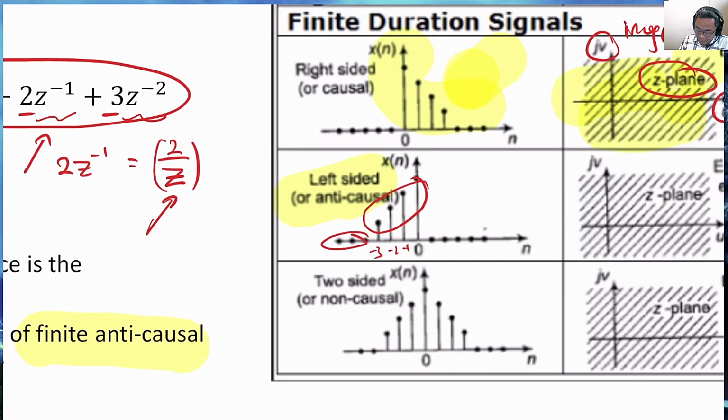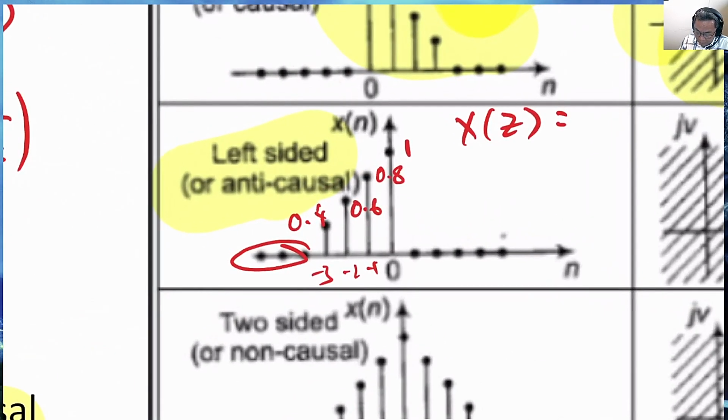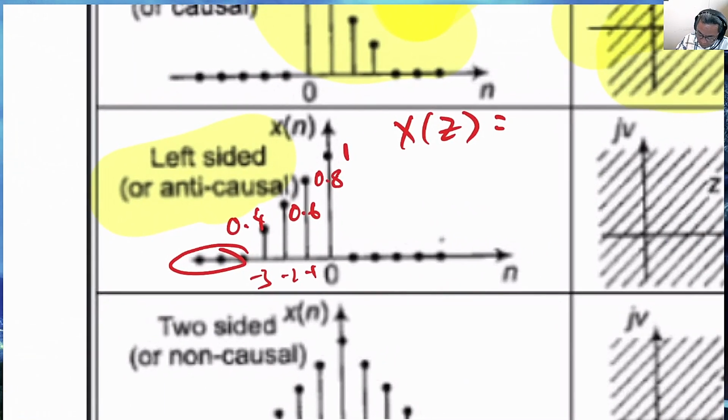So let's write the answer first. X of z is equals to, let the sequence be 1, 0.8, 0.6, and 0.4 followed by the rest 0. So the answer is summation of x of n, z minus n from n equals to minus 3 to 0.